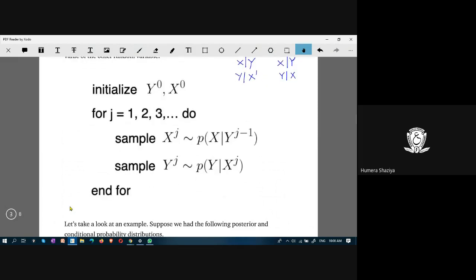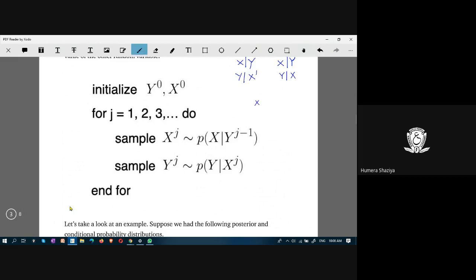Look at here. This is the Gibbs sampling algorithm. Initially x naught and y naught are initialized with a random or initial value, and then based on this initial value, the next value is computed. Then subsequently this value helps to compute this. So here we are sampling xj for j from 1 to n, based on x conditioned on yj minus 1.